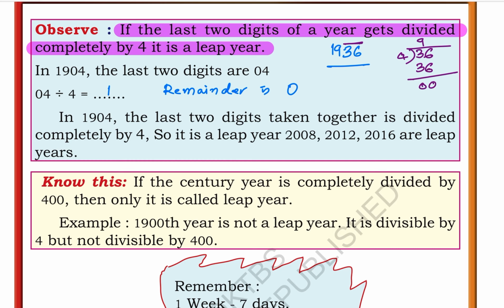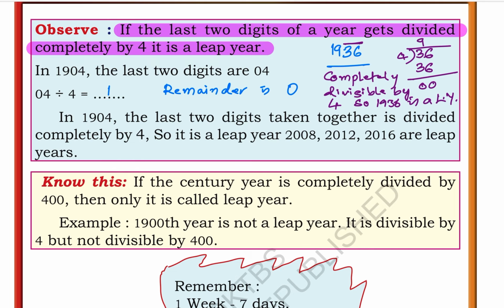So 36 is completely divisible by 4, so 1936 is a leap year.